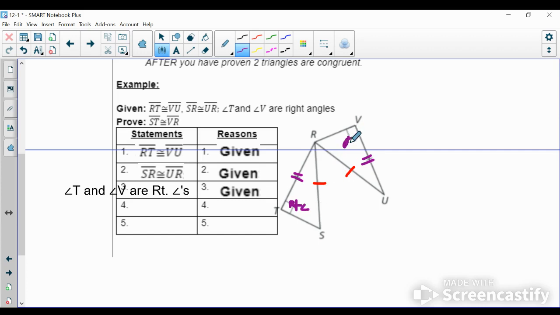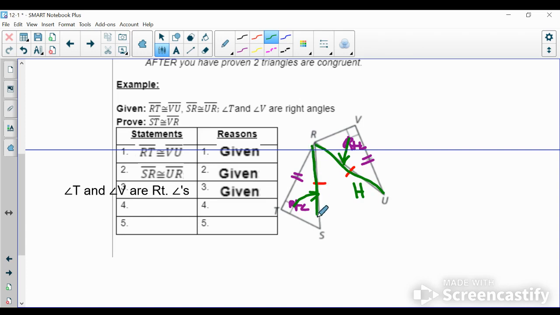I got a right angle. Whenever you have right triangles, we want to see whether or not we have hypotenuse-leg. Remember, the right angle square always points you to the hypotenuse, okay? So this side is the hypotenuse, and it has a congruent mark on it. So already we have H. Same thing with the other triangle.